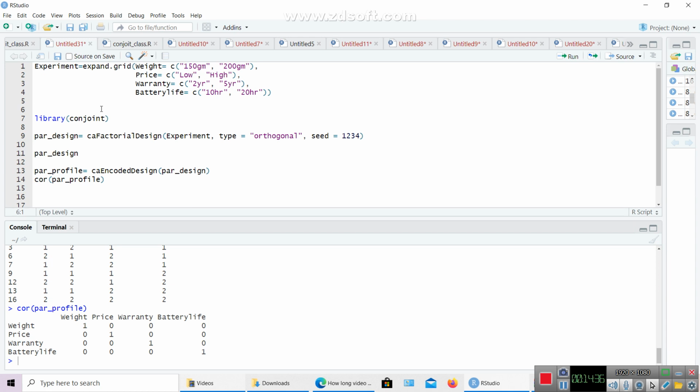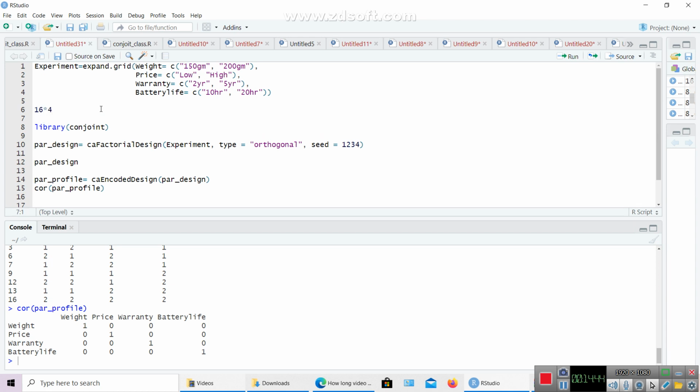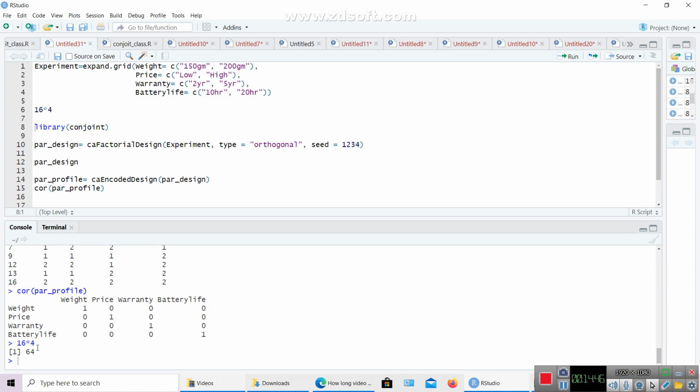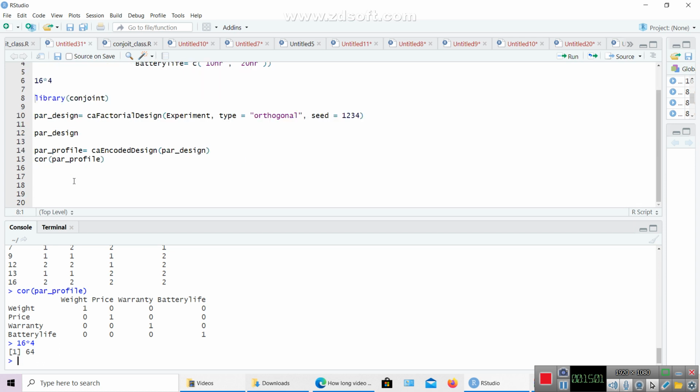So the number of profiles you have to create is 16 into 4. Okay, 64. So consumers sometimes find it difficult to analyze so many questions. Okay, so to reduce the number of questions or profiles, we use the partial design method.